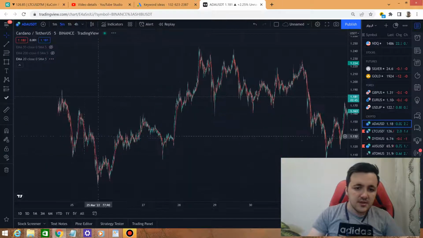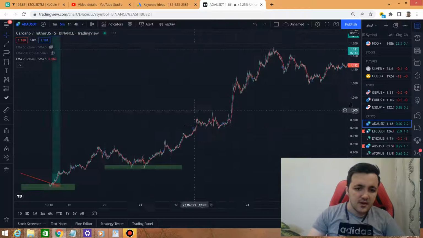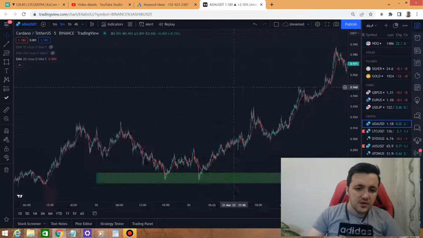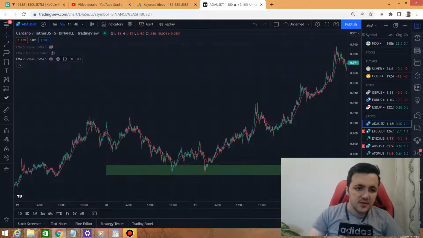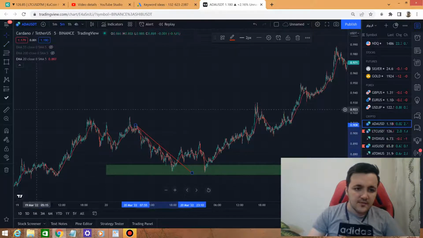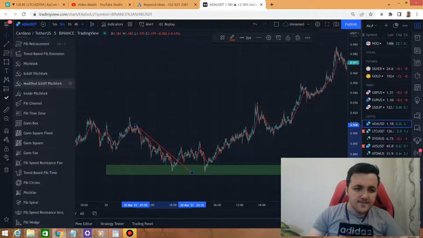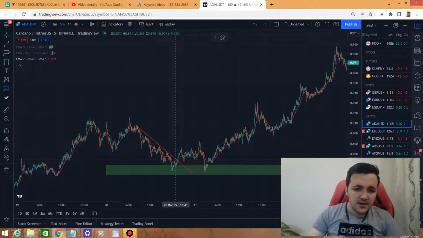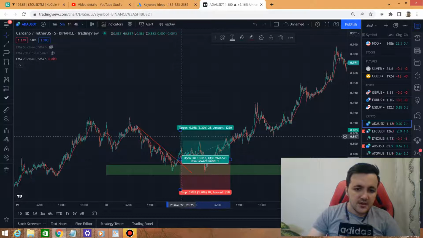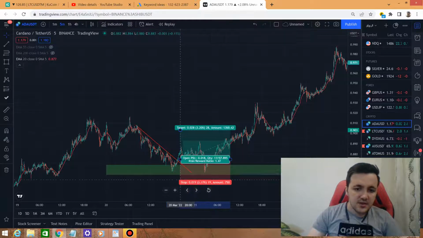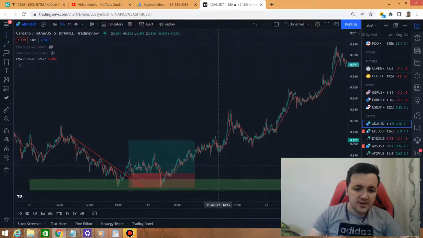Another example is this area that I select for you. In this area we have another trend line, and we can enter the trade and put a stop loss behind this area.